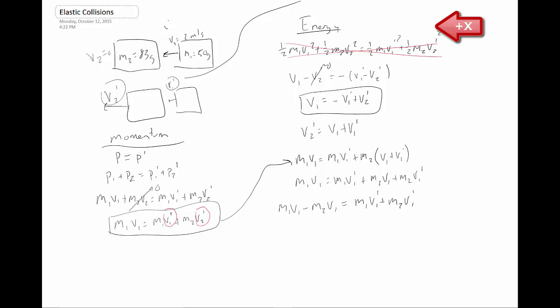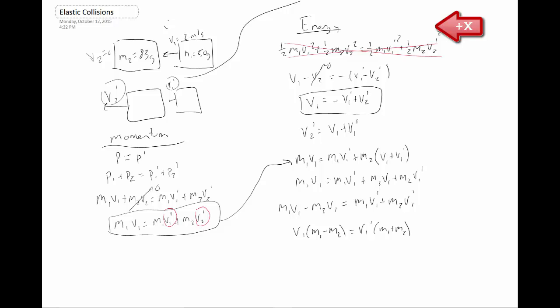And then I'll go ahead and factor out a V1 on the left side and a V1 prime on the other side. So we get V1 times (M1 minus M2) is equal to V1 prime times (M1 plus M2).